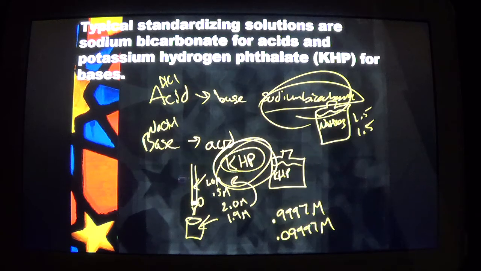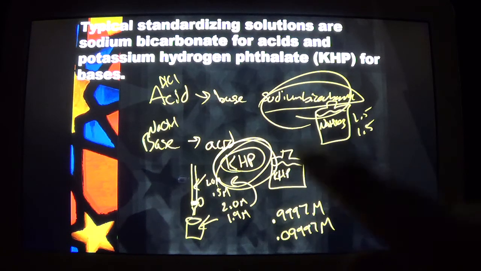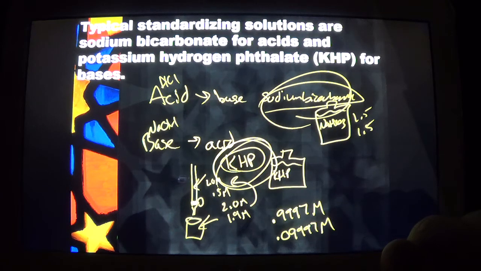More than likely, they would even list that in the materials list. Even if they don't, you can probably get away with saying, be sure you standardize your acid before using it in this way, or be sure to standardize your base before using it in this way. You can probably just say that and get your points for that. So that is our habit. We're going to standardize, and before we do our lab in class, we're going to standardize as well.